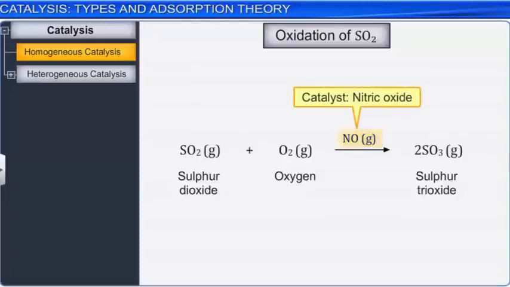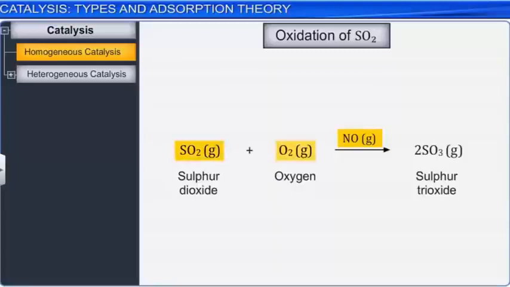As can be seen, the catalyst, nitric oxide, and the reactants, sulfur dioxide and oxygen, are all in the gaseous phase. A reaction where the catalyst and the reactants are in the same phase is called homogeneous catalysis. Homogeneous catalysts function in the same phase as that of the reactants.